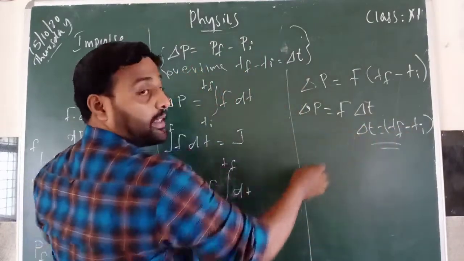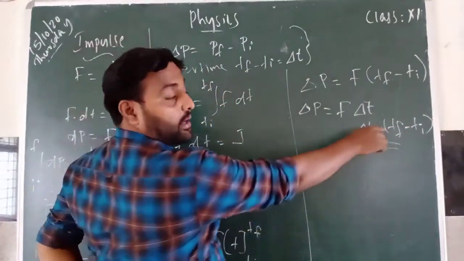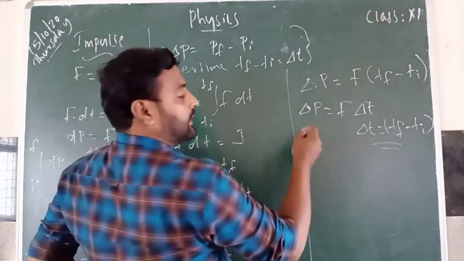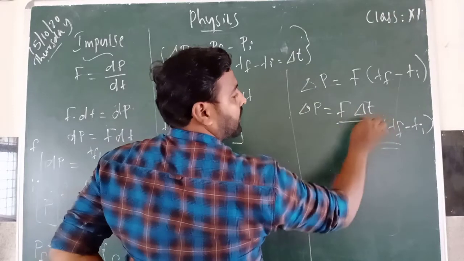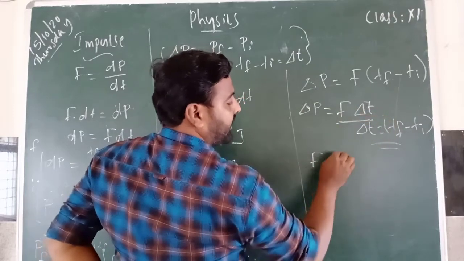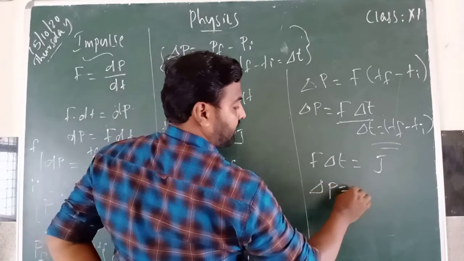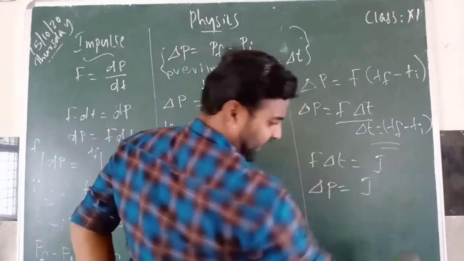This is the change in time. Delta T means change in time, final time minus initial time. So this F dt, F delta T, is what? J, impulse. So delta P is equal to J, we can write.